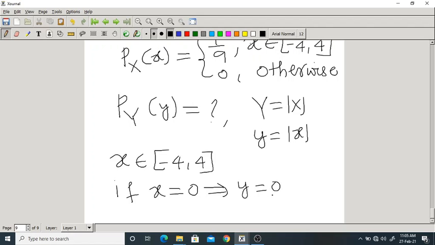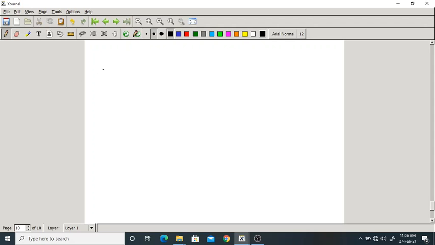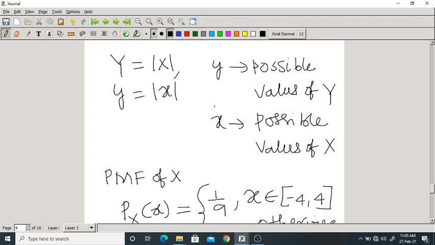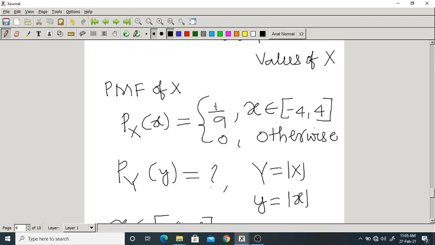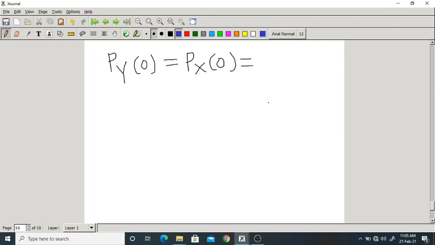Then P_Y of 0 equal to P_X of 0. What is P_X of 0? It is 1 by 9 from -4 to +4, so when x equal to 0, its value is 1 by 9. So that is simply 1 over 9.